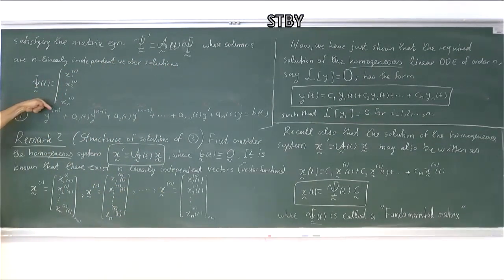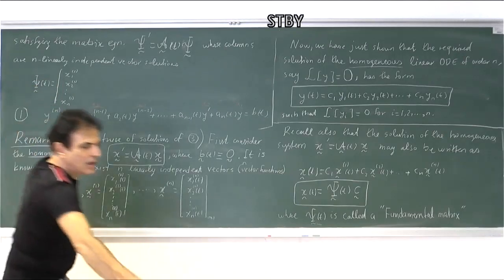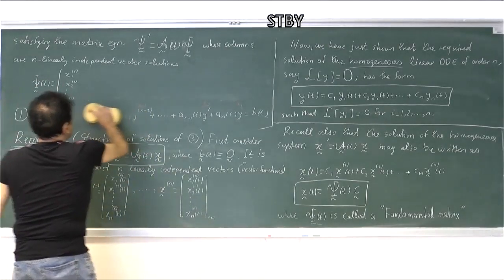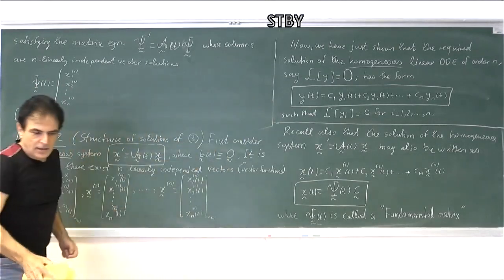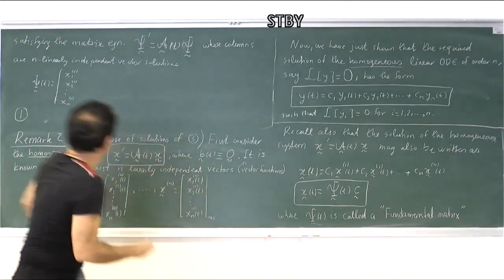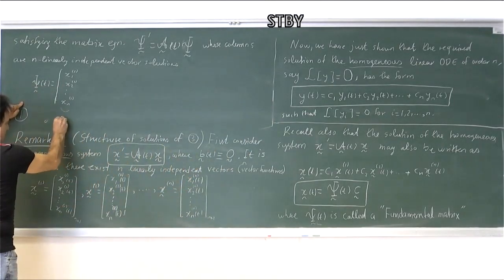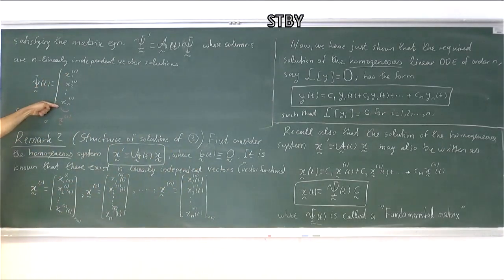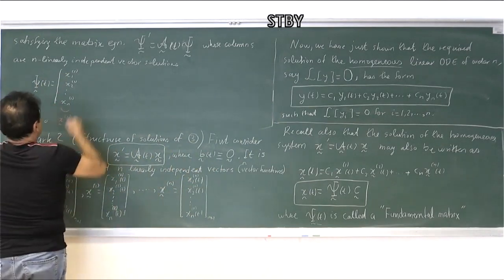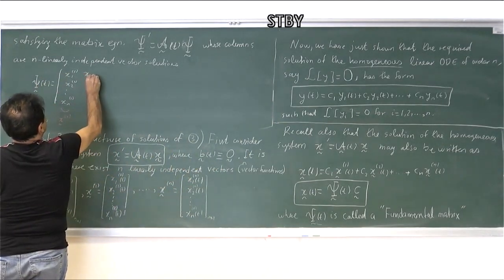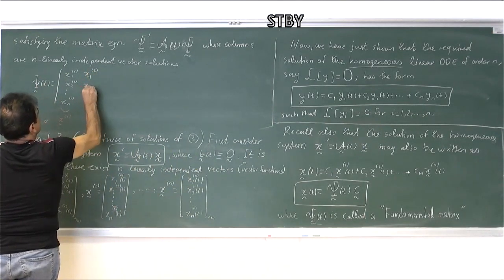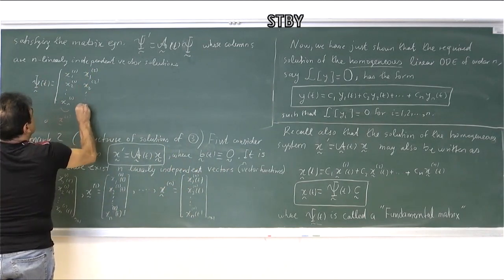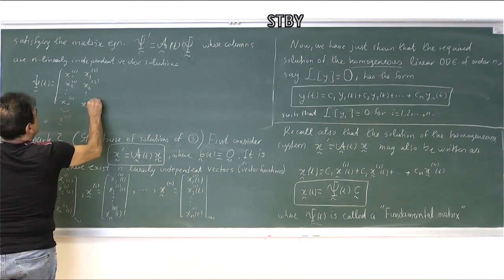So the first column is nothing but, as you see, the first vector solution of the system. Similarly, the second column is x1,2, x2,2, xn,2.